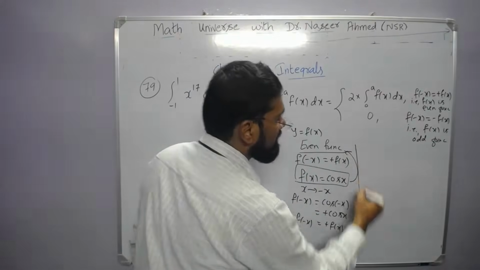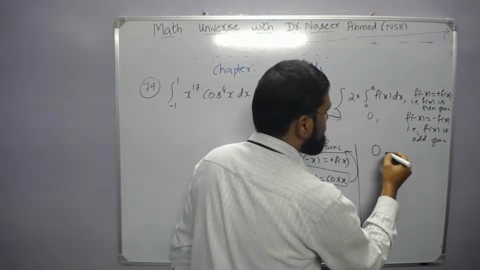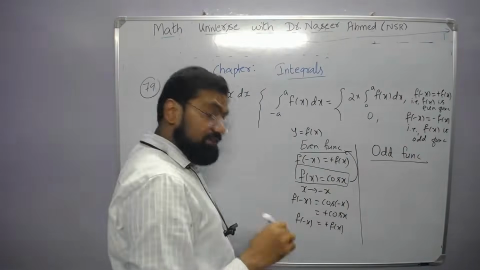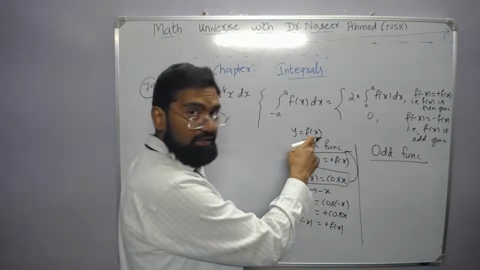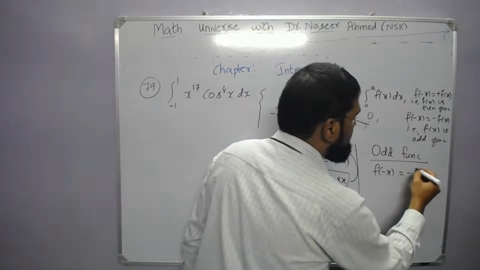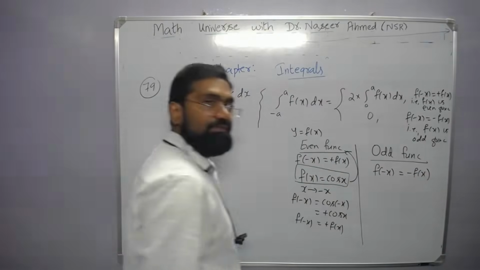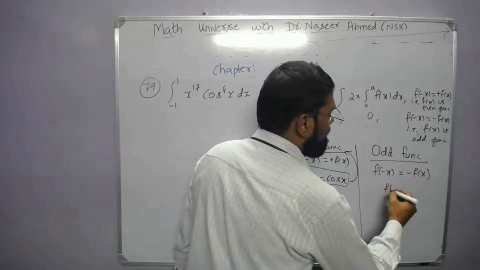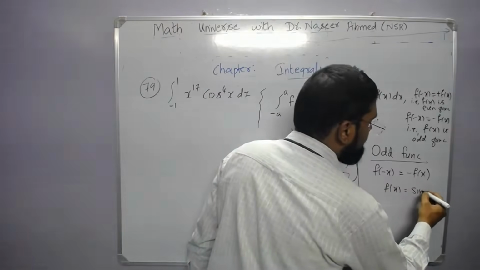Now if I talk about an odd function, the definition for an odd function is again for y equal to f of x: if I replace x by minus x and f of minus x is minus f of x, then we call it an odd function. For example, f of x is equal to sin x.